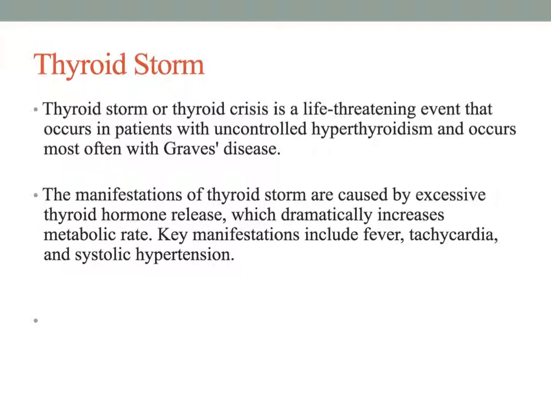Trousseau sign can be assessed by taking a blood pressure cuff and pumping it up on a patient's arm. You place the blood pressure cuff on their upper arm and pump it up. A positive result will be seen with hypocalcemia, and basically the hand starts to tremor as you pump up the blood pressure cuff. So again, these are signs and symptoms of hypocalcemia.